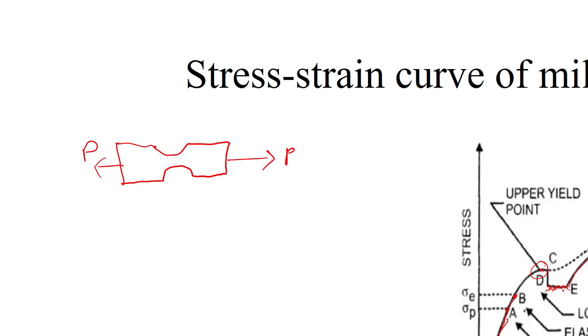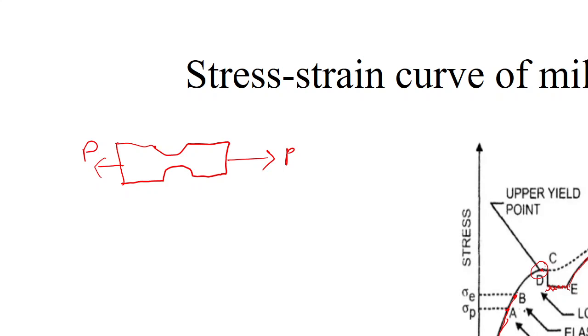After the lower yield point, as we keep loading the material, the stress values continuously increase with the increase in strain values. Which means to deform the same material, I have to give more stress or more load. This continues up to a point called ultimate strength, which is the maximum value of stress that a material can be subjected to.